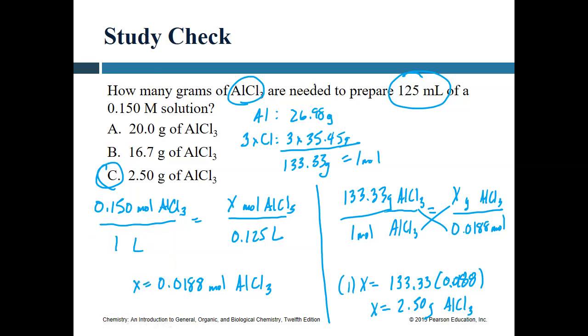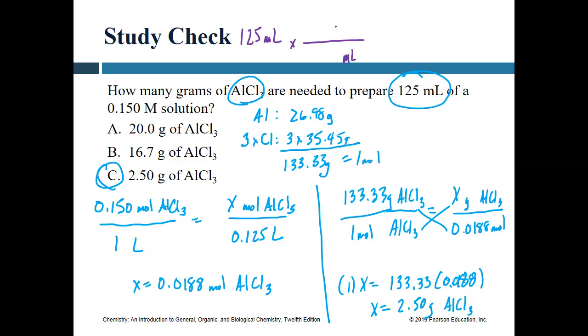In dimensional analysis, what we would do is starting with our 125 milliliters of solution, we could use this fraction, and instead of setting up a proportion, we would set up the fraction in such a way that the denominator of the fraction matched the unit that we were trying to cancel out.